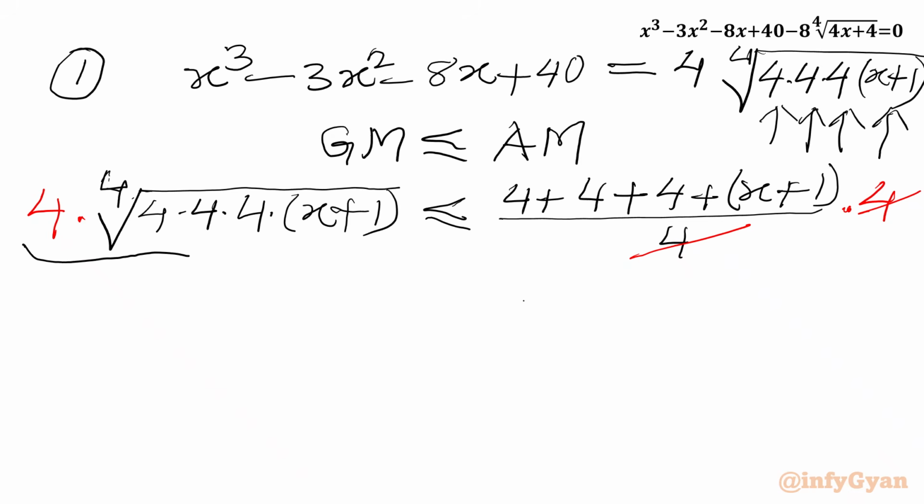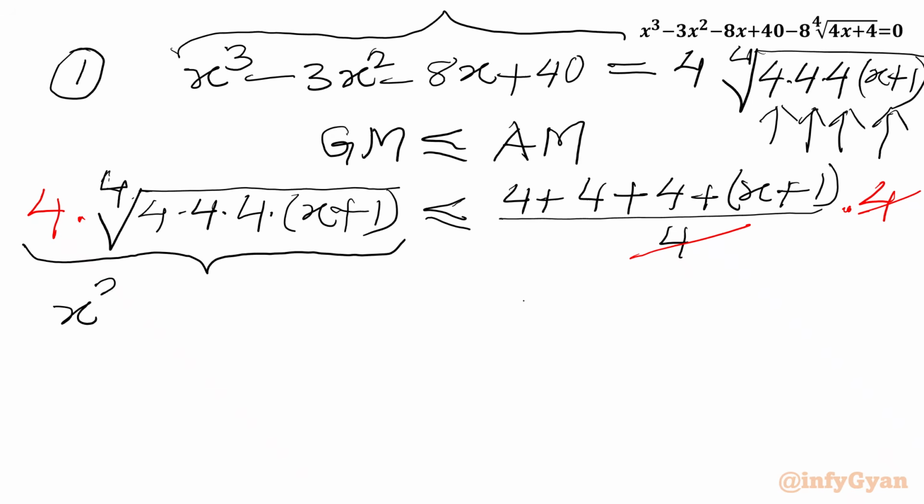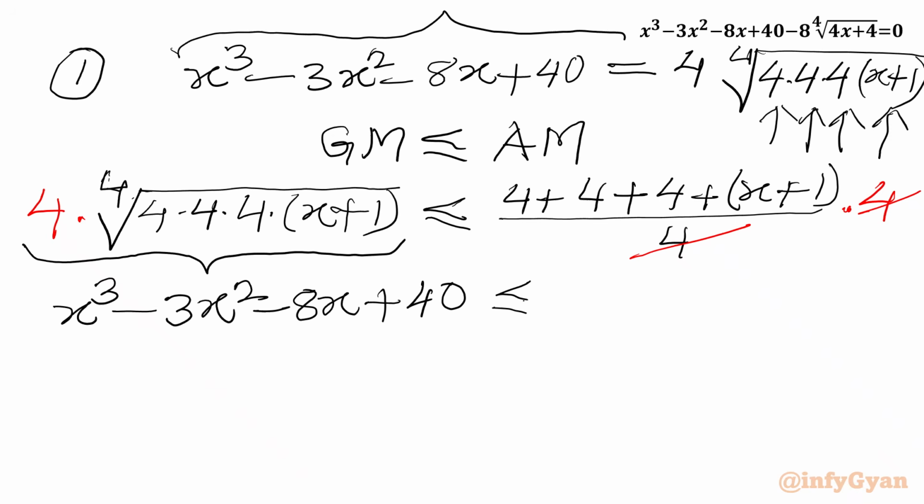Now using equation 1, here we can write x cube minus 3x square minus 8x plus 40. This should be less than or equal to 4 plus 4 plus 4 plus x plus 1. So 12 plus 1, 13, plus x, or x plus 13.